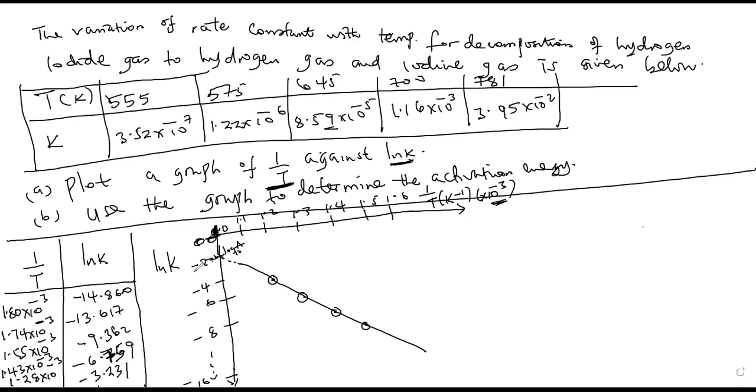From this, they want you to determine the activation energy. Remember, we say that the slope is equal to negative EA over R, from the previous derivation. So you first need to determine the slope of this line, and the slope has to be negative.